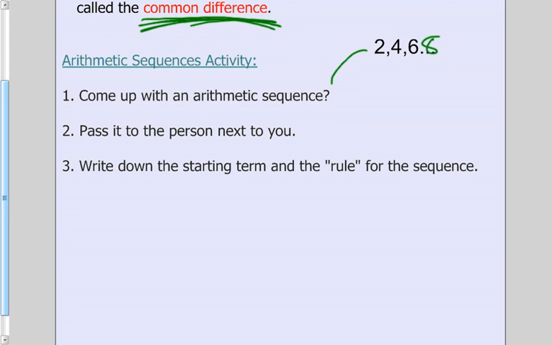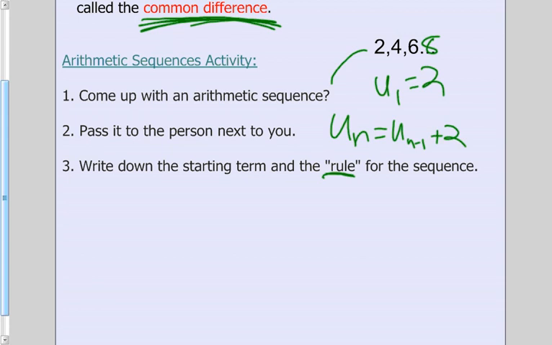So this is me coming up with the sequence. And then the next thing that I'm going to do is I'm going to pass it to somebody, which is going to be all you guys, and then I'm going to write down the starting term and what the rule is for the sequence. So what's my starting term here? Exactly. So u sub 1 is equal to 2, and then I'm going to write down my rule. Does anybody want to take a stab at writing the rule for us? u n minus 1 plus 2.